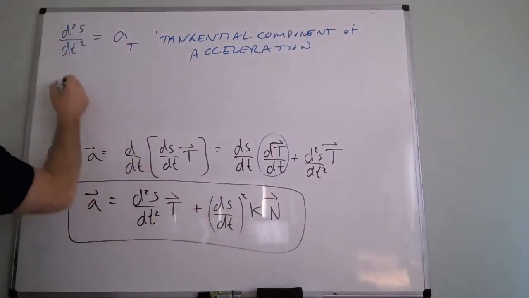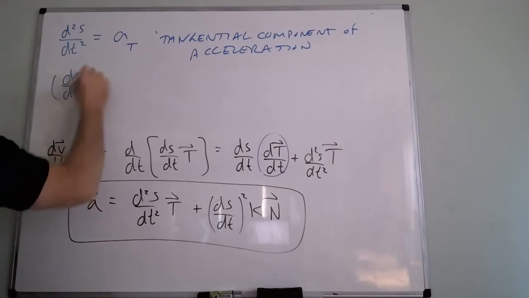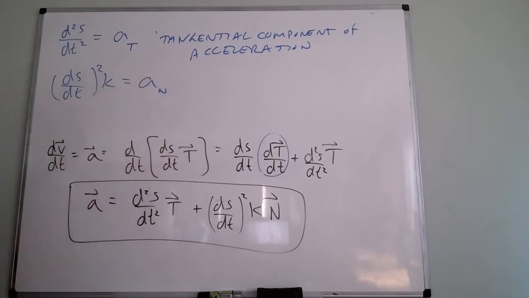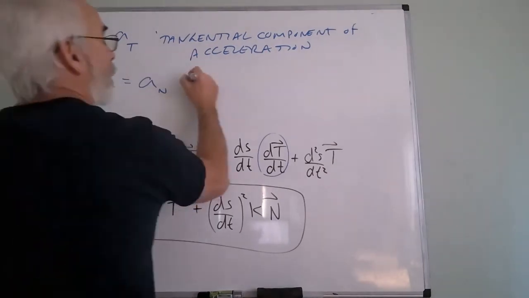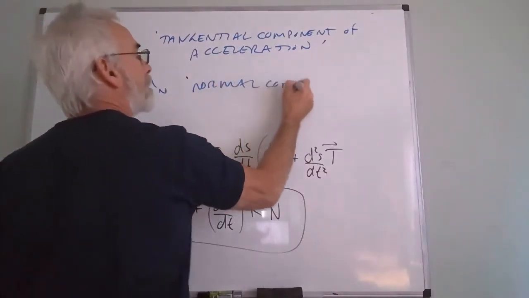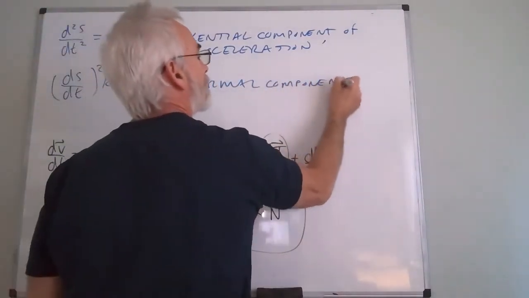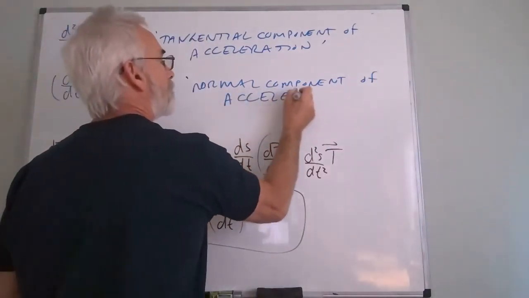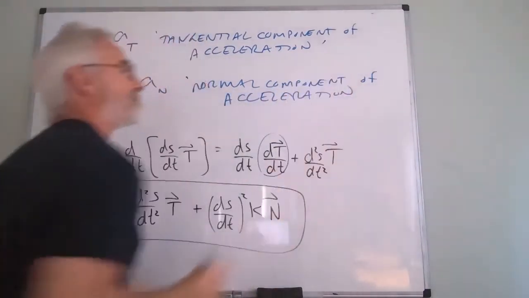Then that guy there, the square of the speed times curvature, we call that a little capital N. And that is called the normal component of acceleration. Okay.